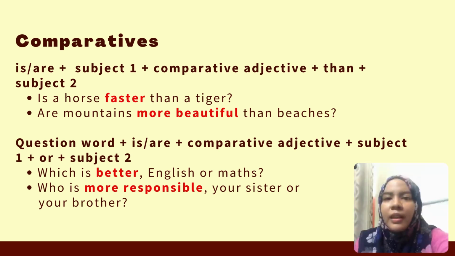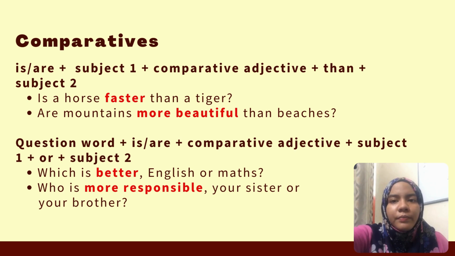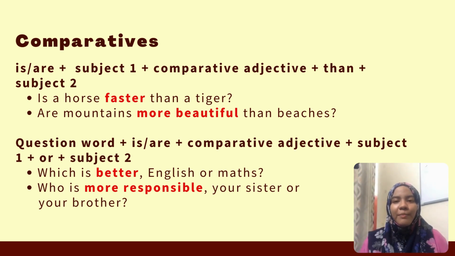Examples of question words are who, which, or what. For example, which is better, English or math? Or the second example is who is more responsible, your sister or your brother?